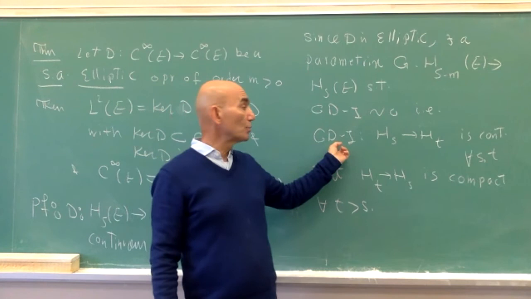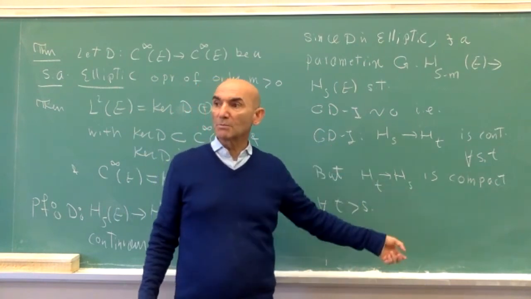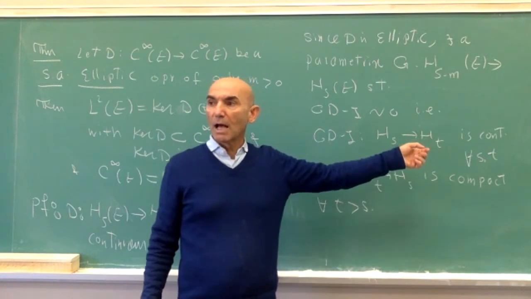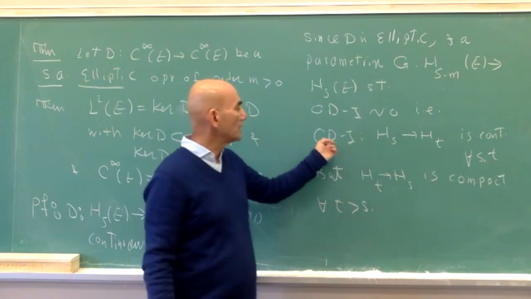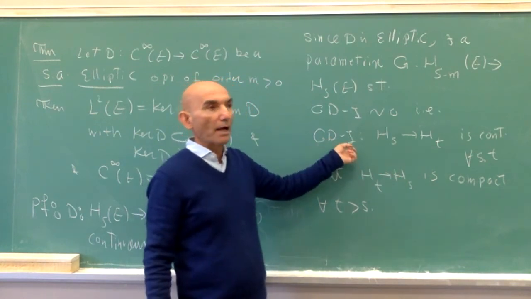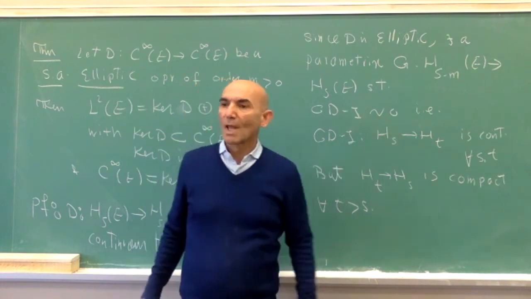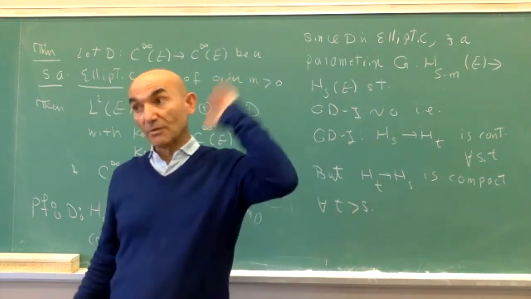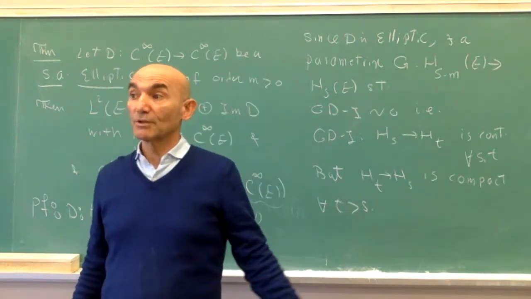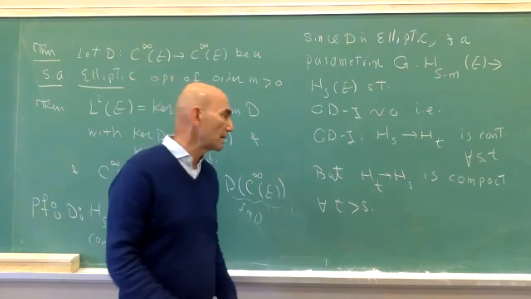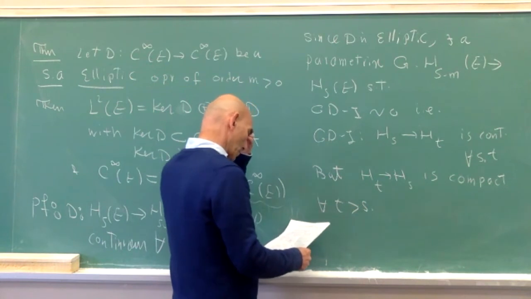So what we can do, we decompose this as a product of a bounded map and a compact map. And we know that the product of bounded and compact is compact. So then this would be compact on the right level. Then I can use Atkinson's theorem that we proved a long time ago to show that actually that operator indeed is Fredholm. So that's the idea. So for all t bigger than s, okay.